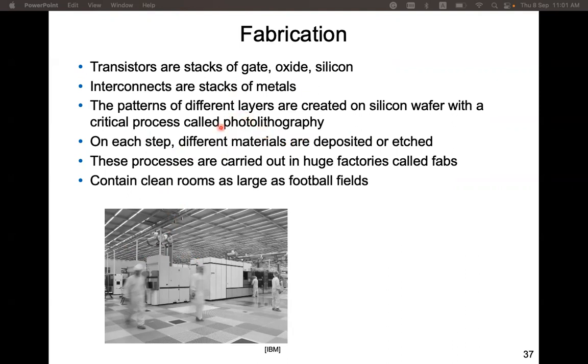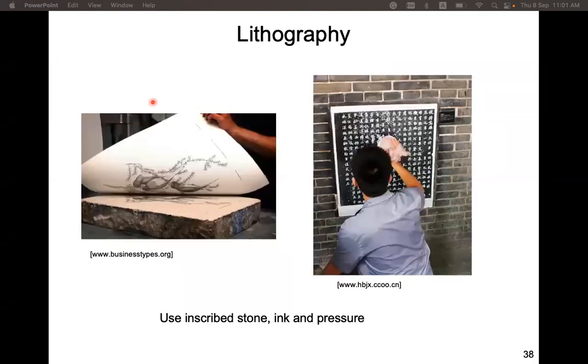Let's omit the photo first. Lithography: lithos means stone, graph means to write. Lithography is a process to transfer a pattern from stone to paper.